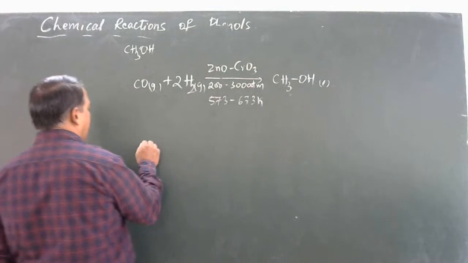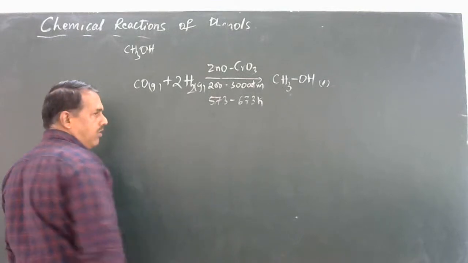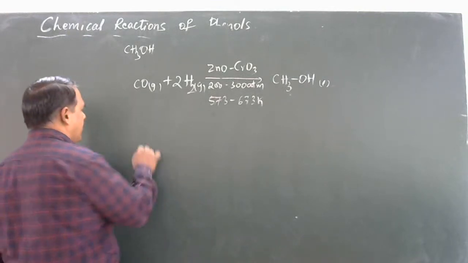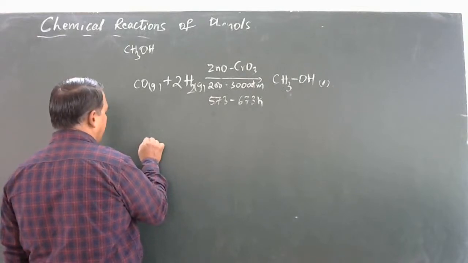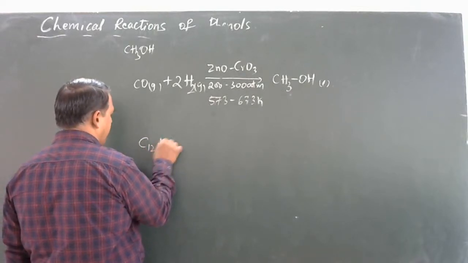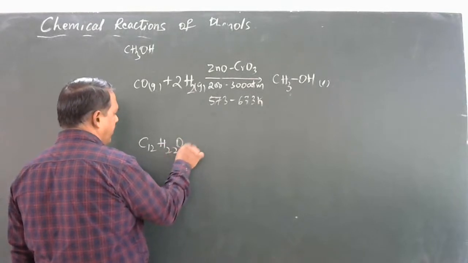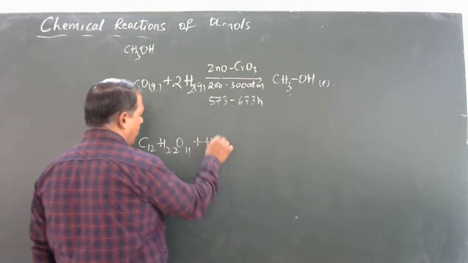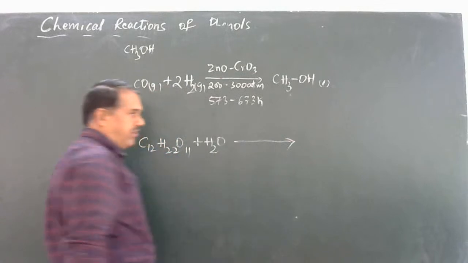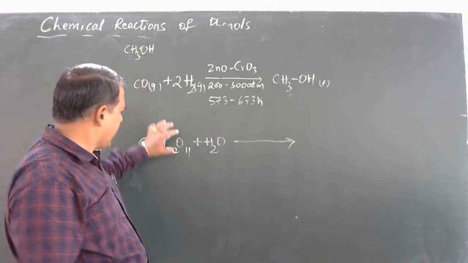Then you have to study the preparation of ethyl alcohol, which is nothing but ethanol, or spirit. It can be obtained from sucrose, C12H22O11, in the presence of water, in fermentation. Sucrose is nothing but cane sugar juice.